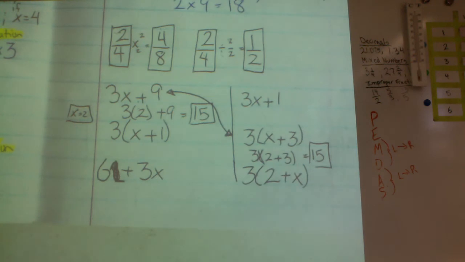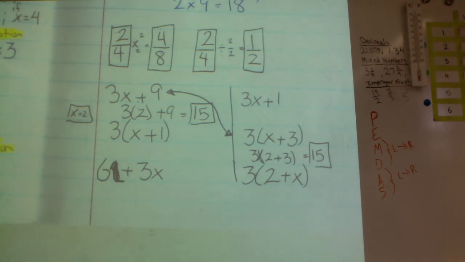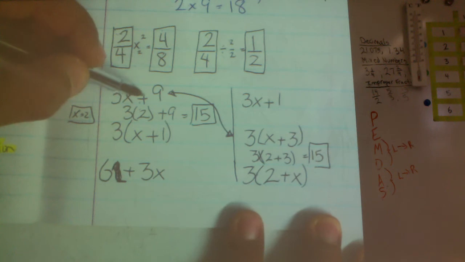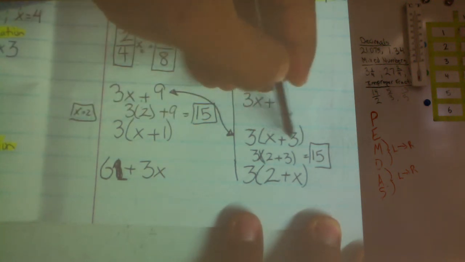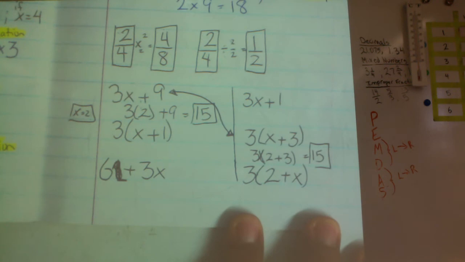All right. Now, what else I can do, instead of plugging in for that variable, is I have this equation right here, 3x plus 9. And I have this, 3 parentheses x plus 3. Now, we have this parentheses here. We've seen this before.